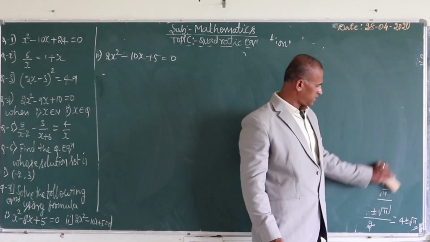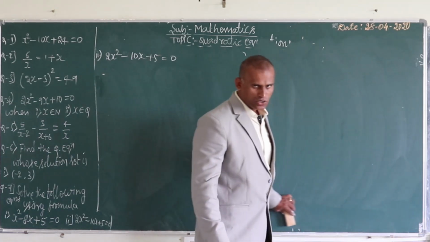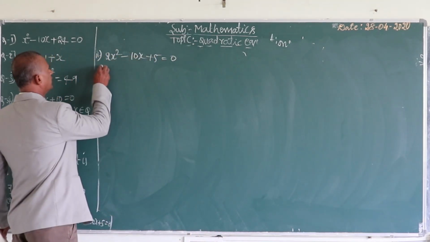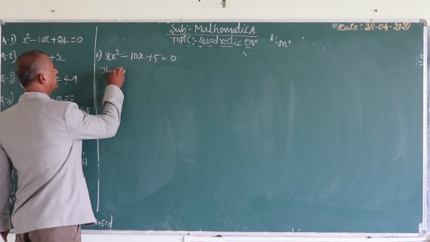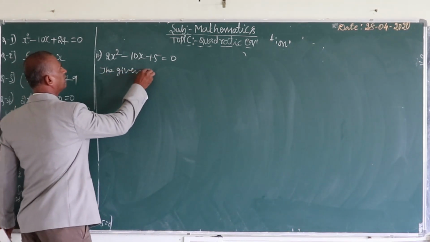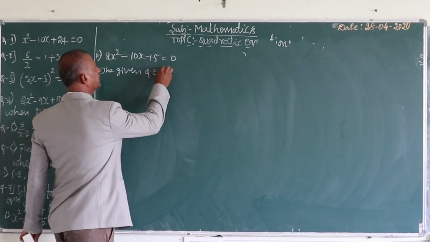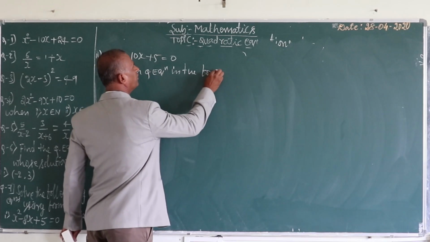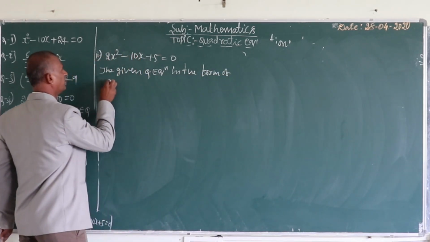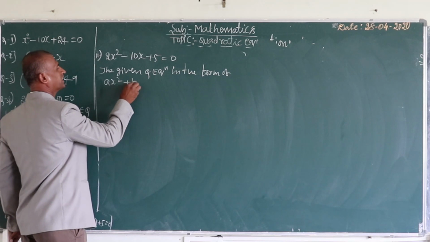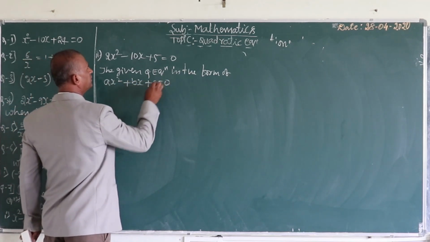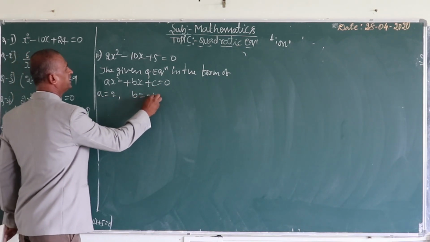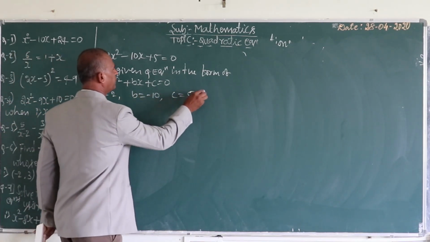The same formula, x is equal to minus b plus or minus root b square minus 4ac by 2a, we will write here. Just write the given quadratic equation in the form of ax square plus bx plus c is equal to 0. Here a is equal to 2, b is equal to minus 10, c is equal to 5.